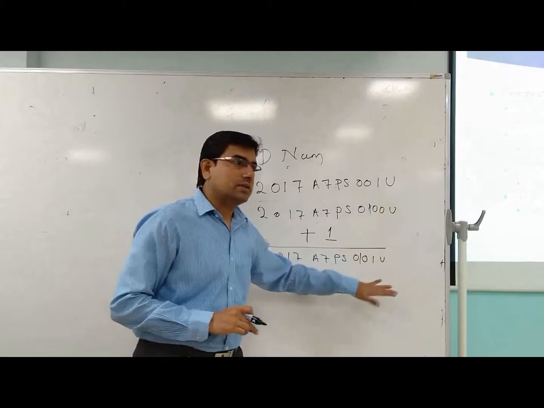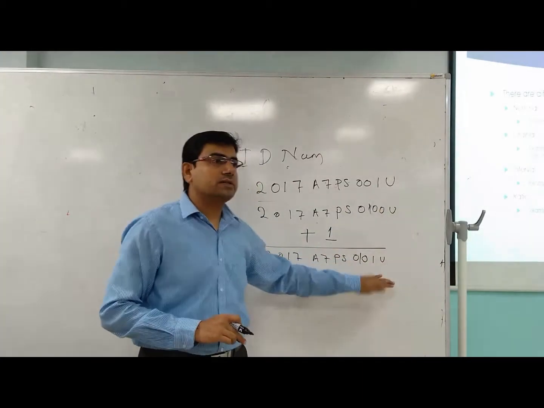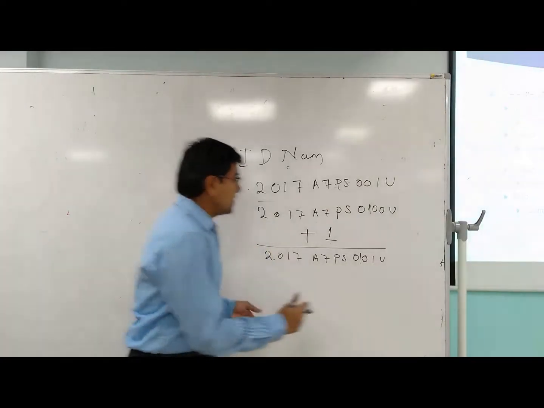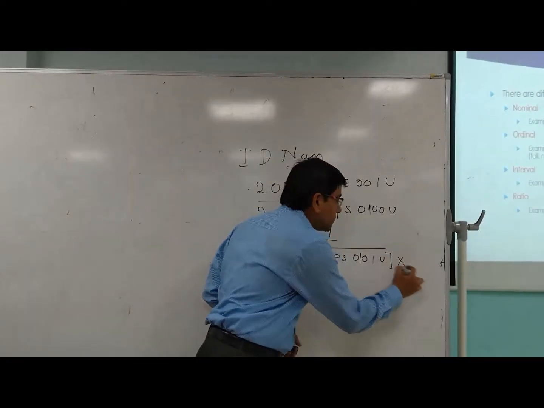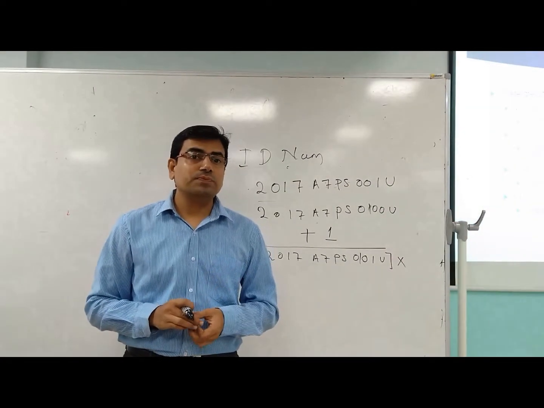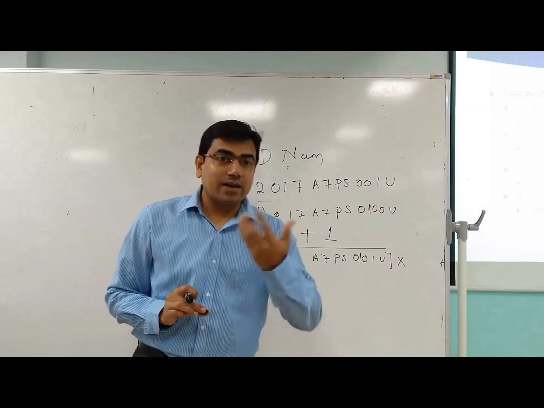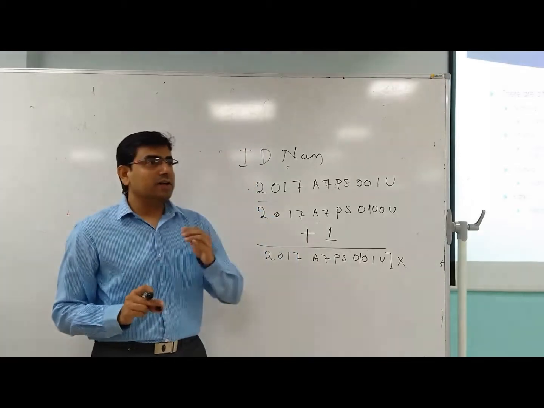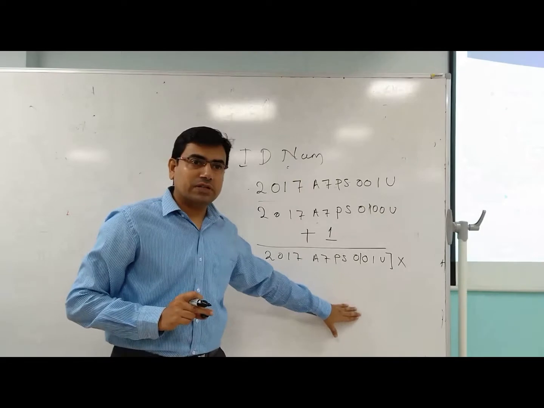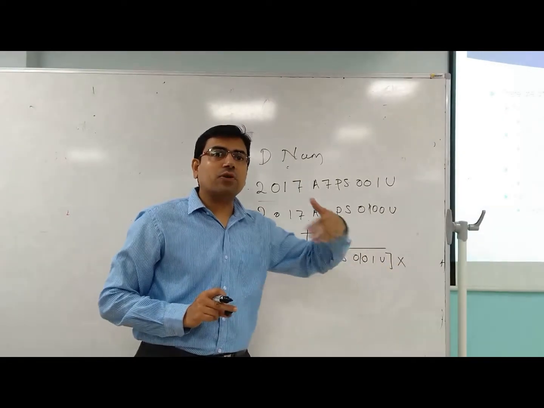Suppose for some reason this number is considered invalid that year, so it is not given to any student. In that case, what are we supposed to do? We keep adding 1. Yes, we keep adding 1. Now this addition does not guarantee that whatever ID number you generate is valid for your purpose.